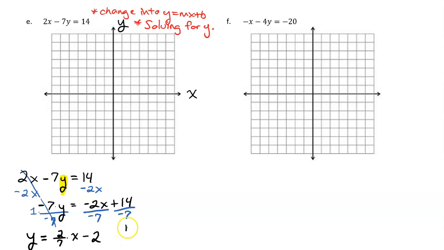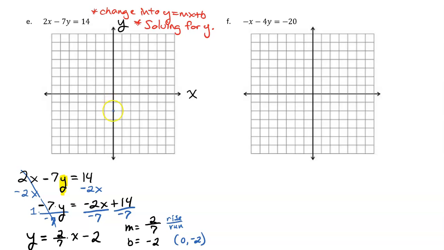So there we have our m, our rise, and our run. Maybe even label it rise over run. I can move along my graph using that. And my b value is negative 2. So I'm going to plot the point 0, negative 2 to get my graph going.